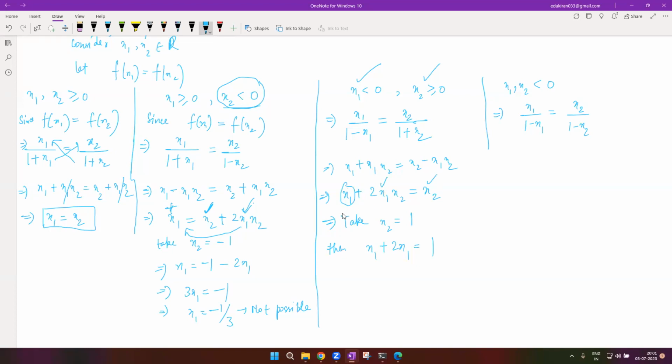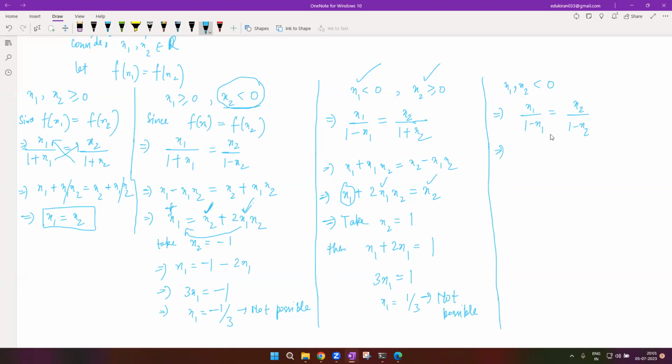They both make a positive term equal to a positive term. As you can see here, a positive is equals to positive. So what is the value of x1? 1/3, positive. But x1 was negative in this case. So this is not possible. Hence, this solution is also not valid.